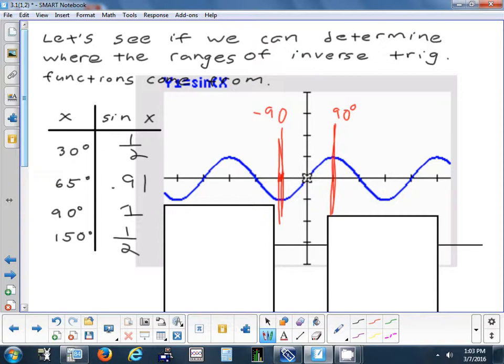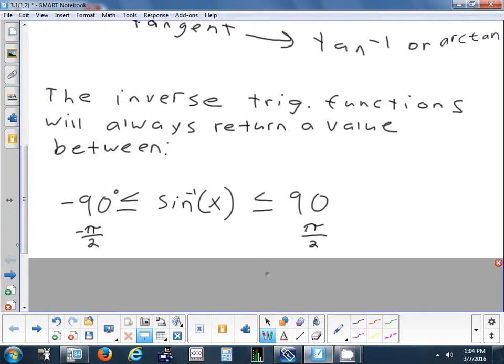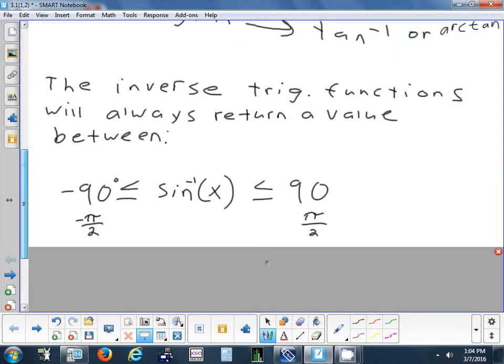So if we look between negative 90 and 90, we're guaranteed to only get one answer. You're not going to get multiple answers. That's why for inverse sine, if you want to think about it visually, we're always between negative 90 and 90. If you weren't, you would get more than one answer, and we don't want that.